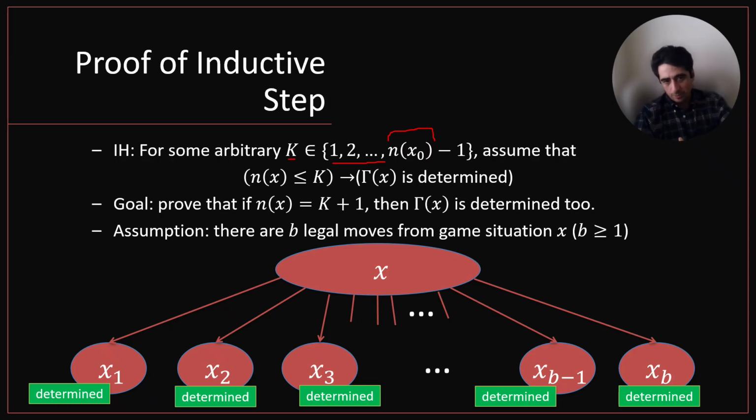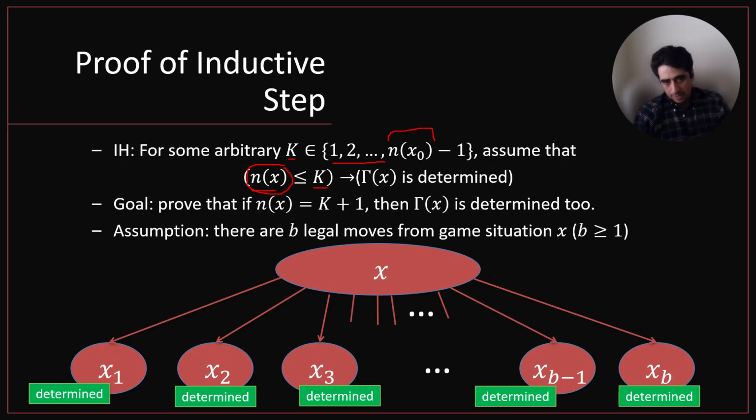So we say for that arbitrary k, let's assume that if n of x is less than or equal to k, then the subgame rooted at x would be determined. What does that mean? That means if the number of vertices in a subtree representing the subgame rooted at x is less than or equal to k, then that subgame, which starts from the position x and goes all the way down, will be determined.